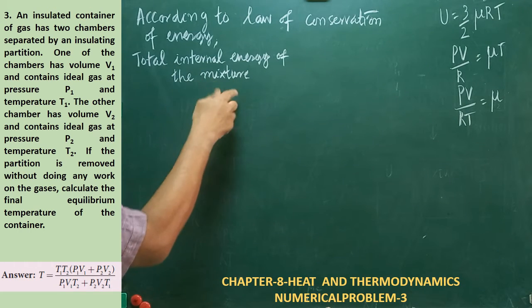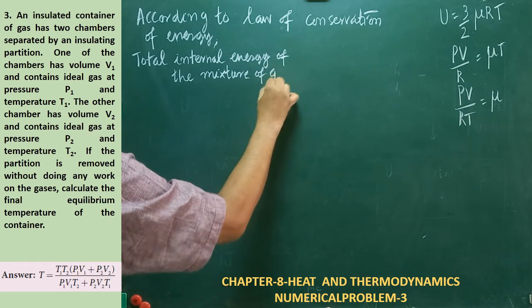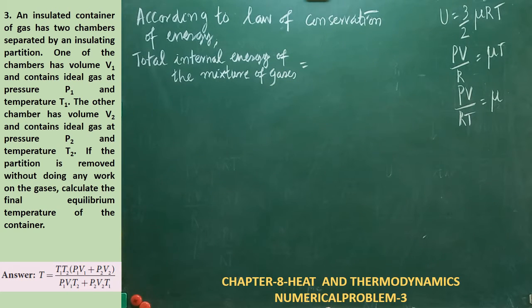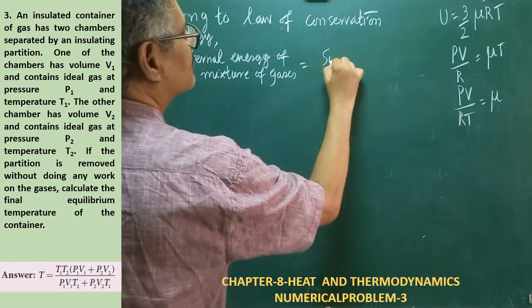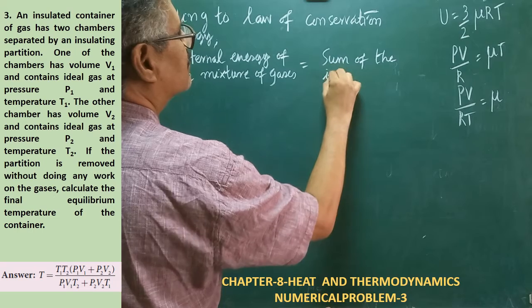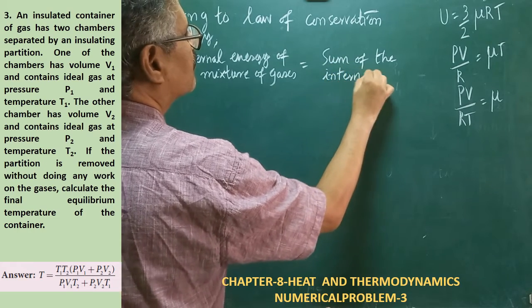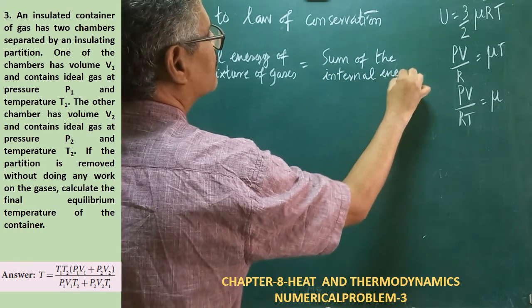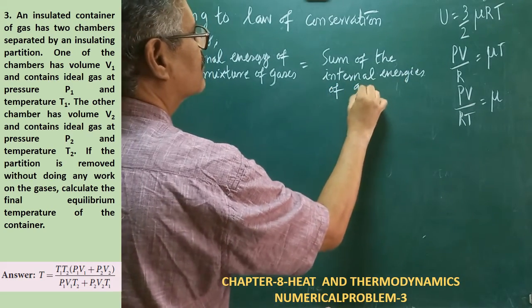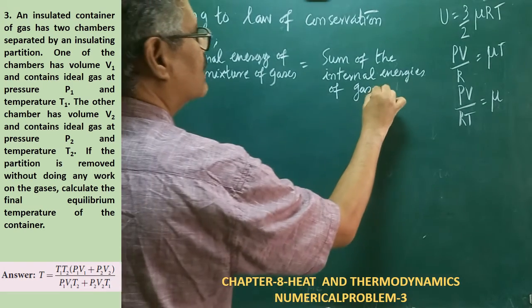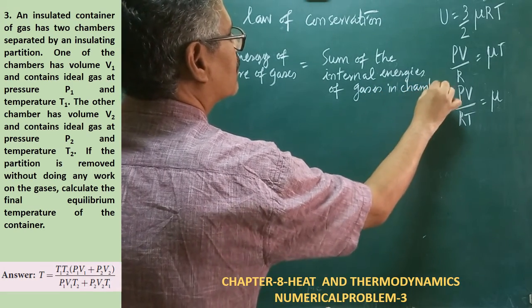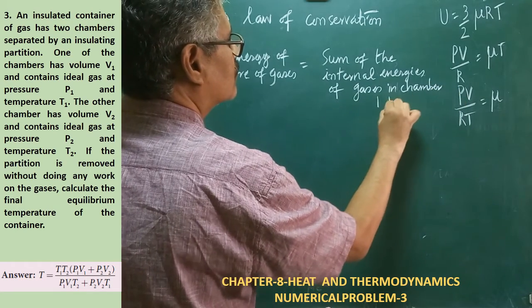So the total internal energy of the mixture of gases will be equal to the sum of the internal energies of the gases in chamber 1 and 2.